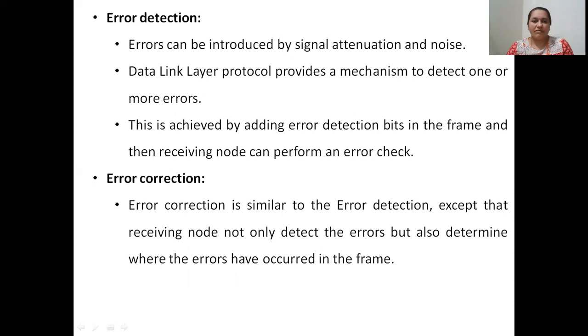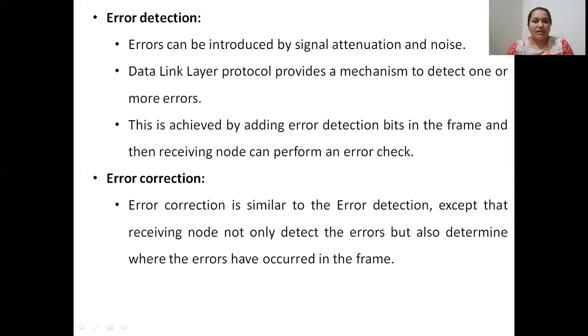The next function of the data link layer is error detection. Whenever data is transmitted over the communication channel on the network, there is always a possibility of data becoming erroneous due to signal attenuation and noise in the channels. As we all know, data is transmitted in binary form as combinations of zeros and ones.